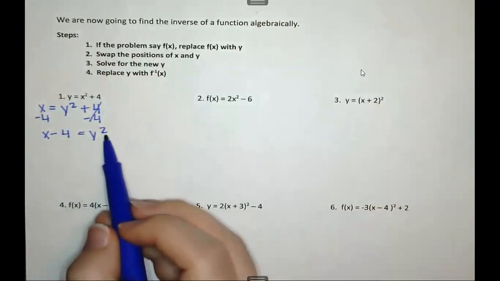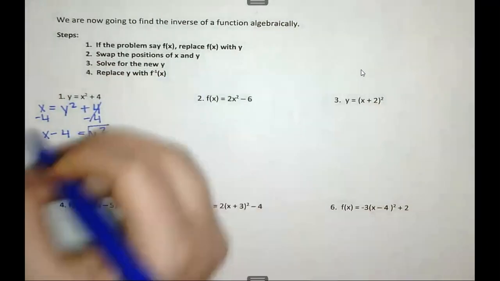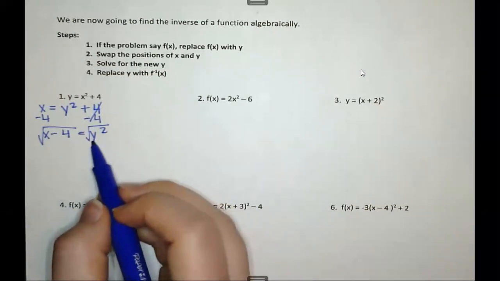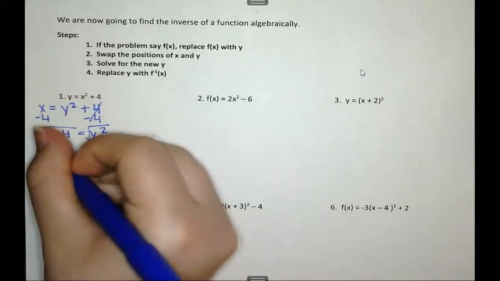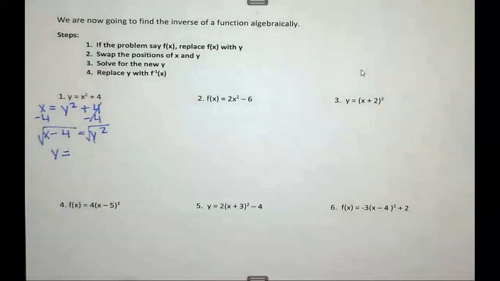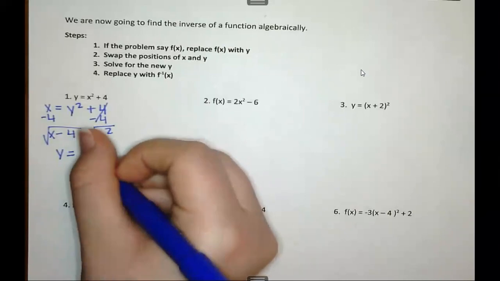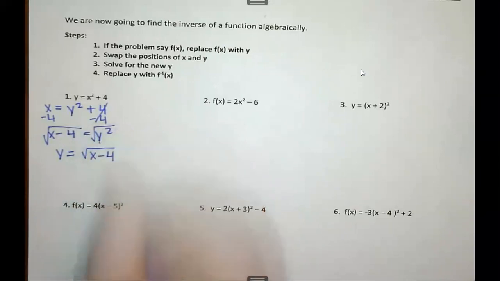Now, we need to get rid of this square here. The opposite of squaring something is to take its square root, and if you do something to one side, you've got to do it to the other. So now, all I have over here is y. I'm going to go ahead and write that on this side, because normally we see our y written on the left. Equals the square root of x minus 4.